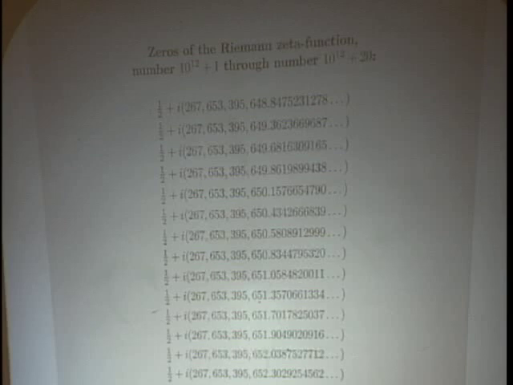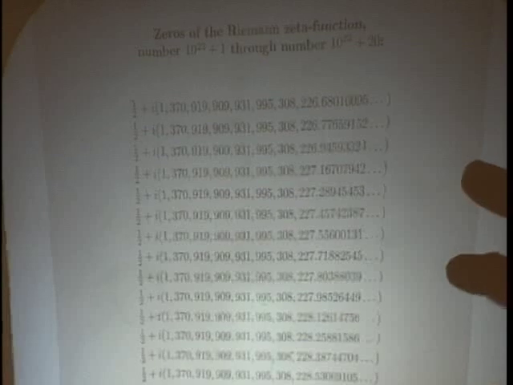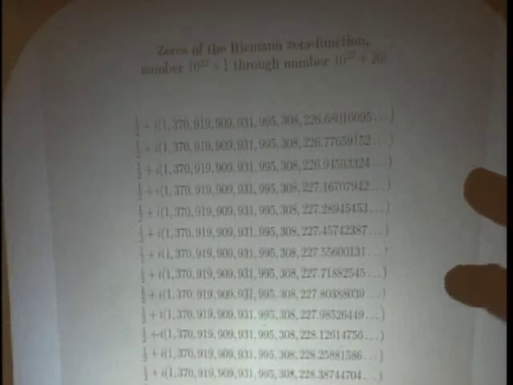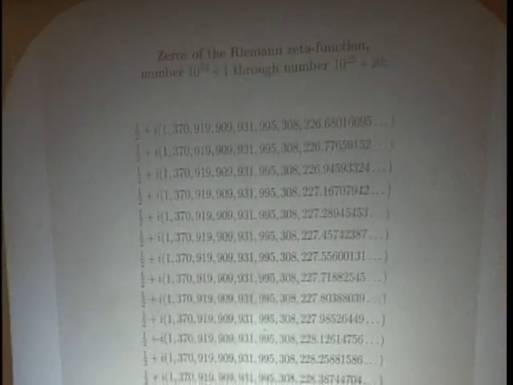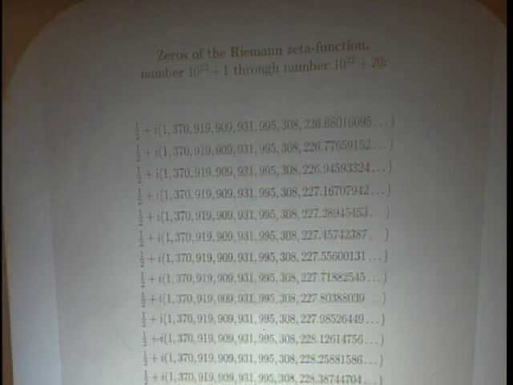Finally, and this is now right out at the end of modern computational methods, here are the zeros of the zeta function, and I should thank Andrew Odlyzko for most of this computer work. Here are the zeros of the zeta function between 10 to the 22nd plus 1 and 10 to the 22nd plus 20.